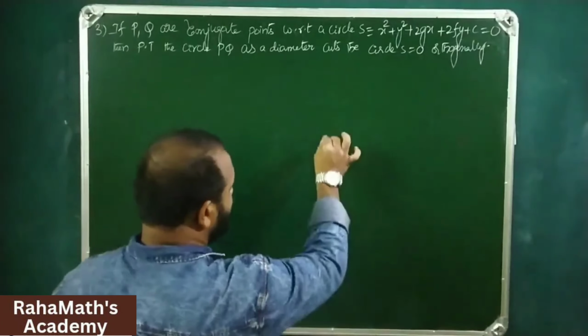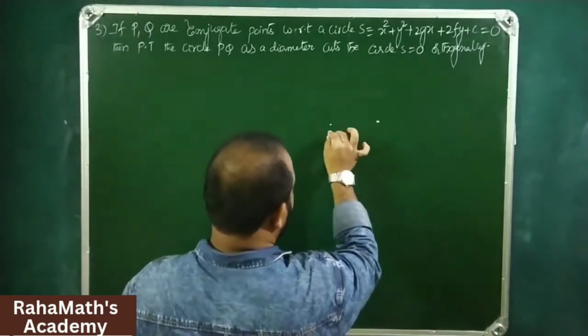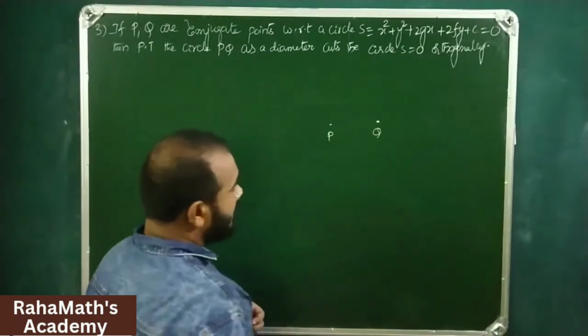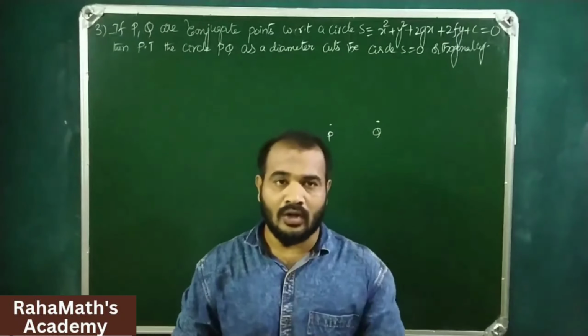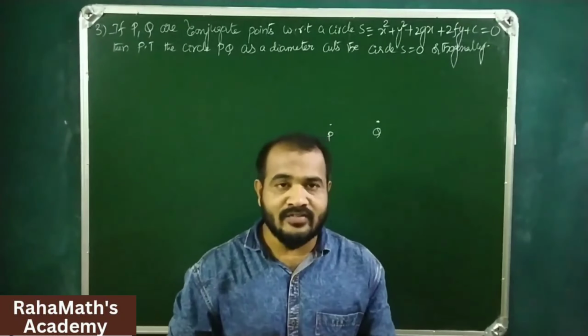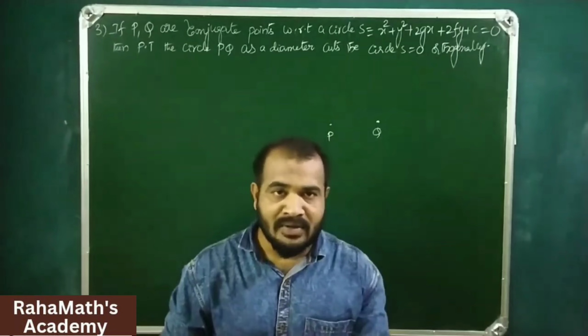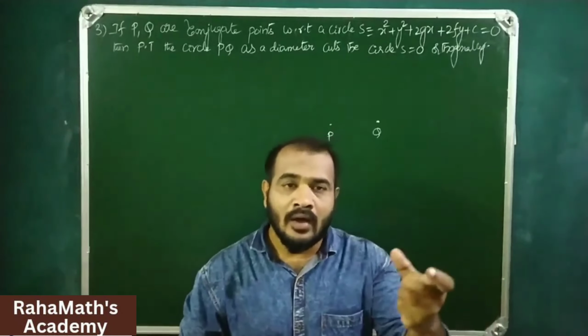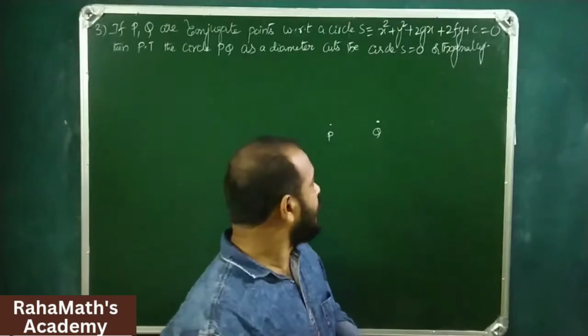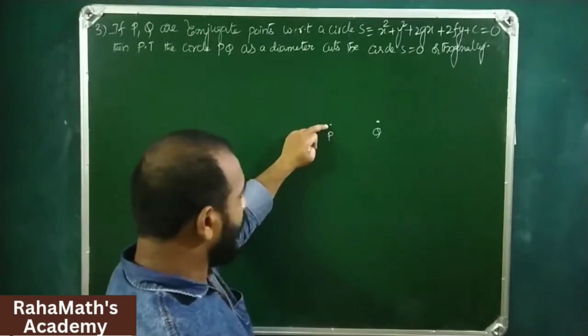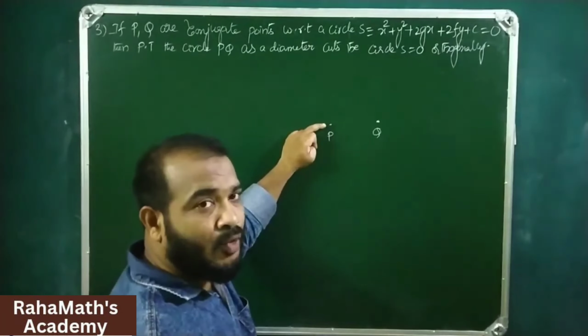For example, these two are the points, this is P, Q. So point is equal to pole. Point can be understood as pole, or pole can be understood as point, and the polar is a line. So if P is a point, that means it's a pole.